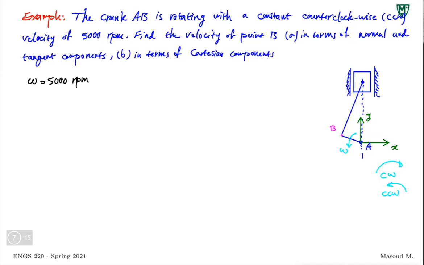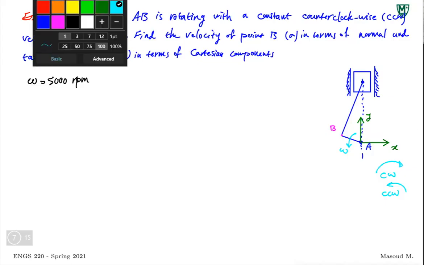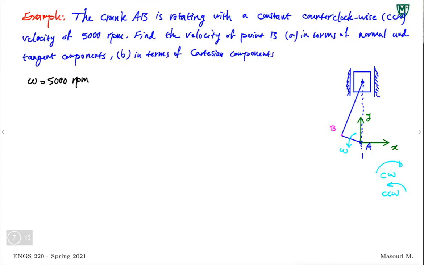Now what we want to find is the velocity of point B. At first, pay attention that this is a circular motion. AB has a constant length, so you can think about that as the radius of the circular motion.